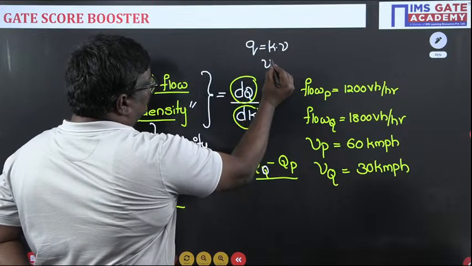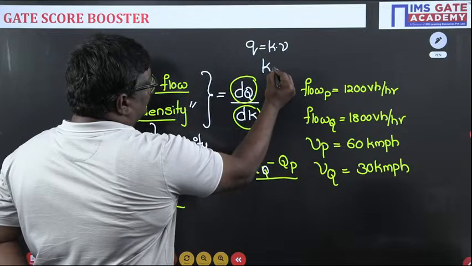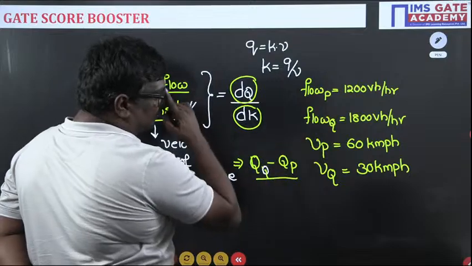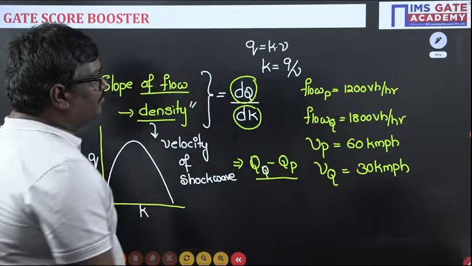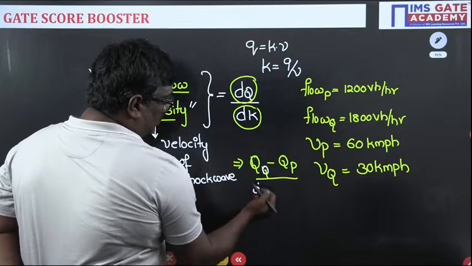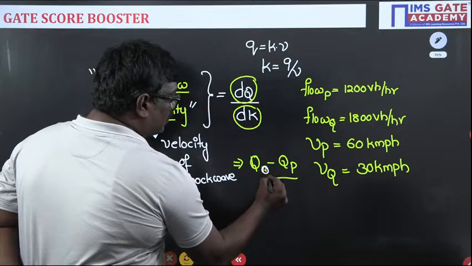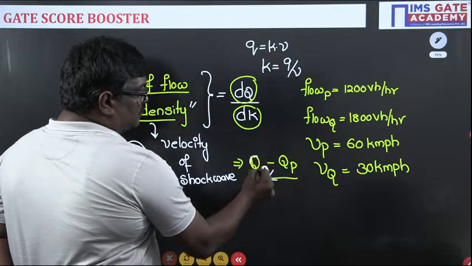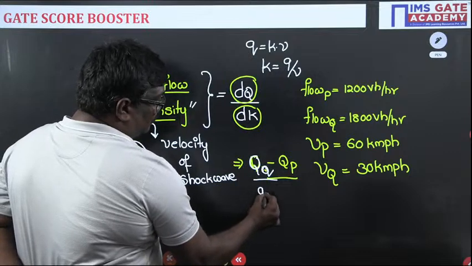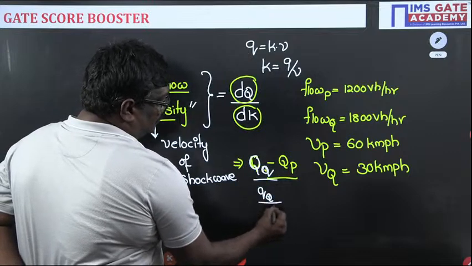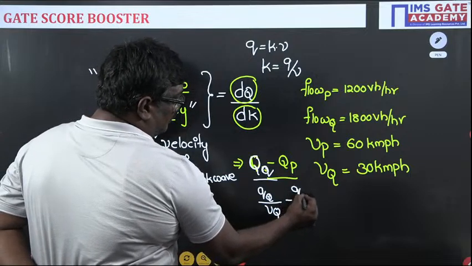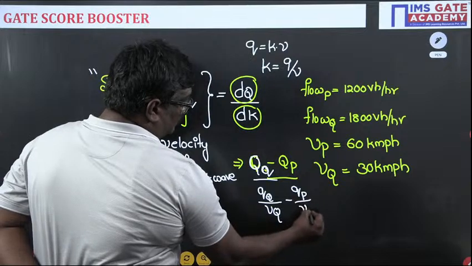So K can be written as Q upon V. So dk is flow of Q upon velocity of Q minus flow of P upon velocity of P.